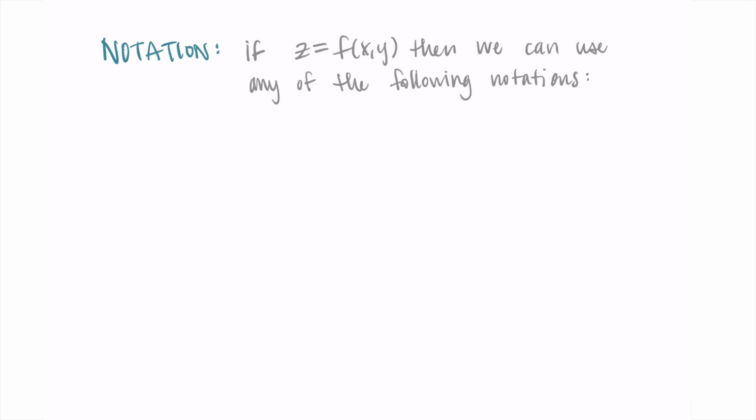Okay, so we're going to look at the partial derivative with respect to x, and this we can write as just f sub x. So we can just put that x in the subscript there to indicate that we're taking the derivative with respect to x. Or we can use the partial f partial x, the derivative of f with respect to x.